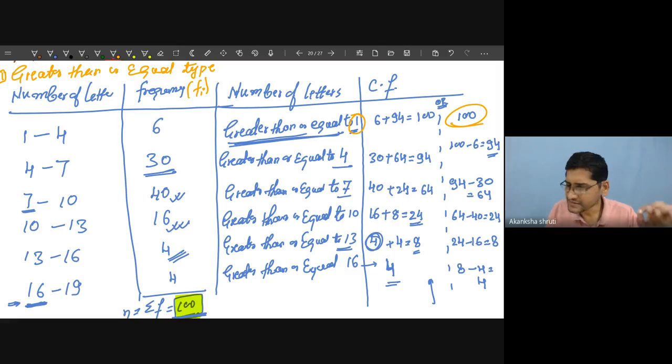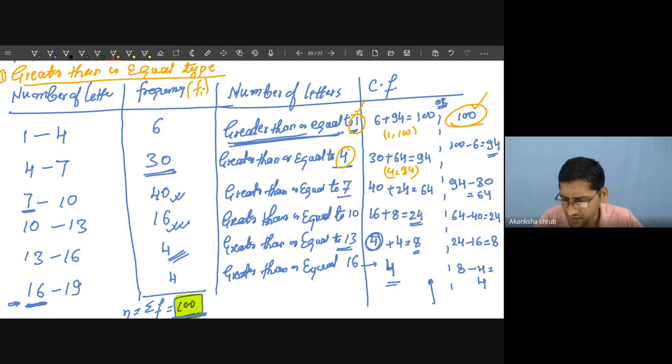So for this, keep in mind, what are the points? The points should be 1 and 100. Let me write it here. 1, 100. Next one is 4 and 94. The next one is 7 and 64.